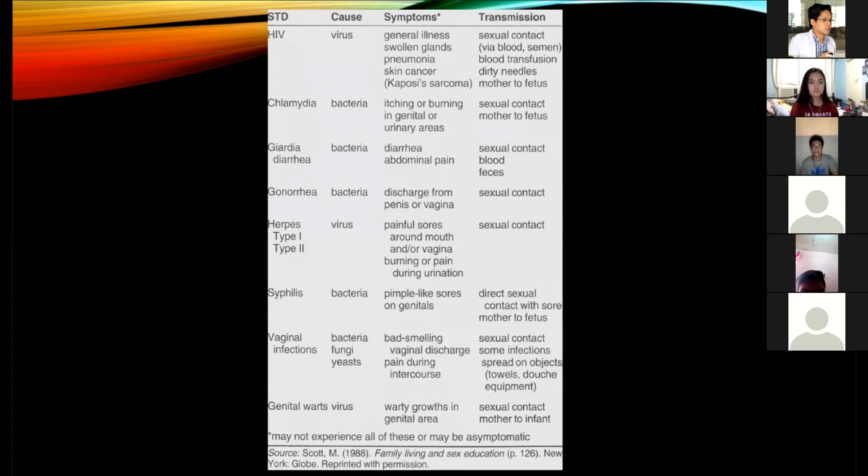Example, gonorrhea. Sure, antibiotics are the medicine, right? Yes, but if you're taking penicillin, ampicillin, cephalexin, those are just lower levels, and they will not kill the gonorrhea. Gonorrhea is higher, so you need a higher level of antibiotics.